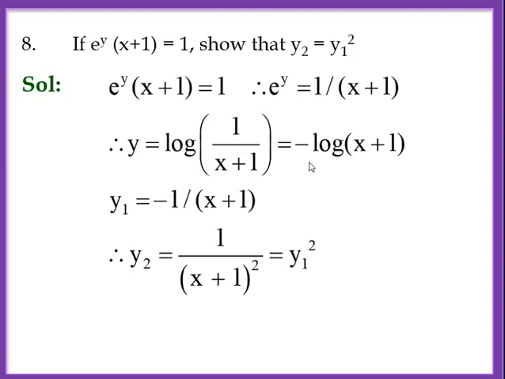Minus log of x plus 1. Now find the derivative. The derivative of log is 1 upon. So this is y1. Now what is the derivative of y1? y2. The derivative of minus 1 upon x plus 1 is plus 1 upon x plus 1 square. Is it the square of y1? Yes, it is. And we have to prove the same: y2 equal to y1 square.